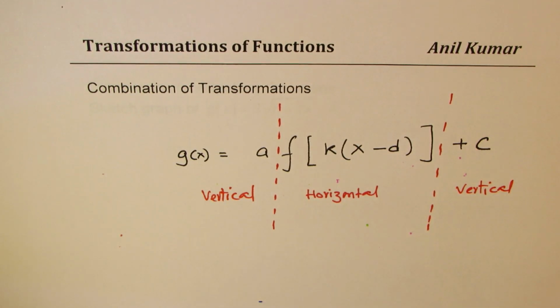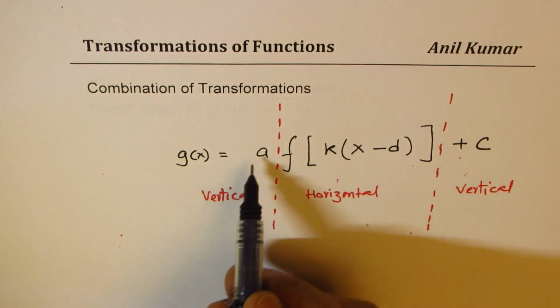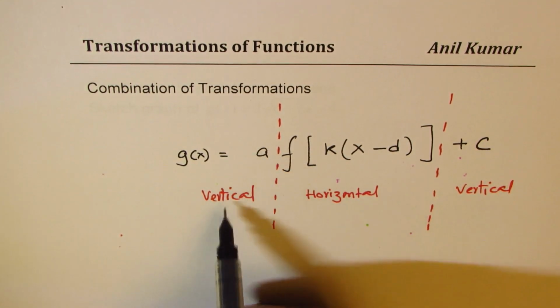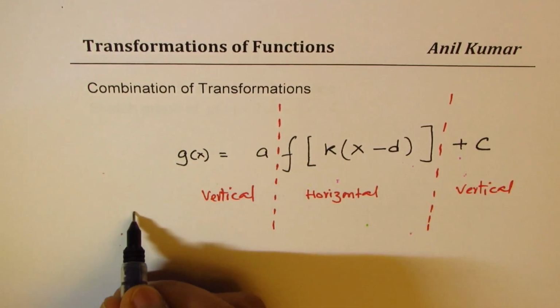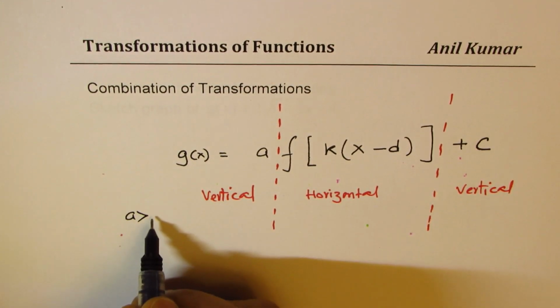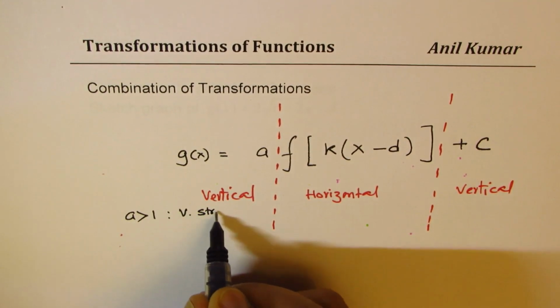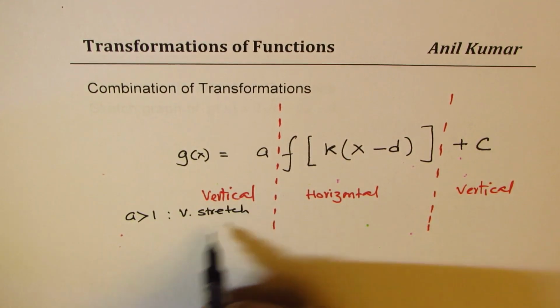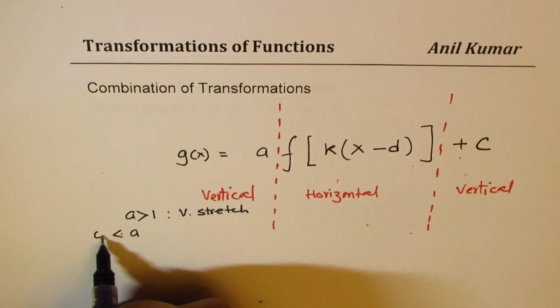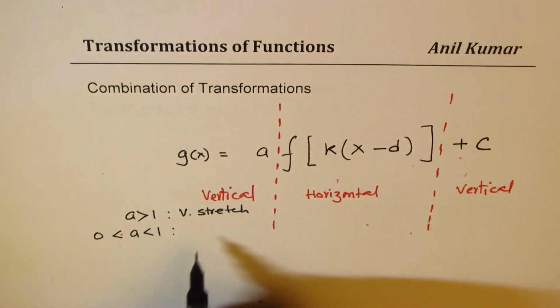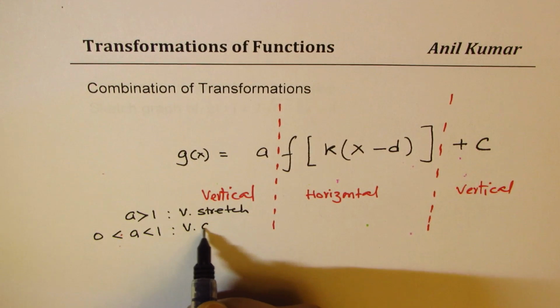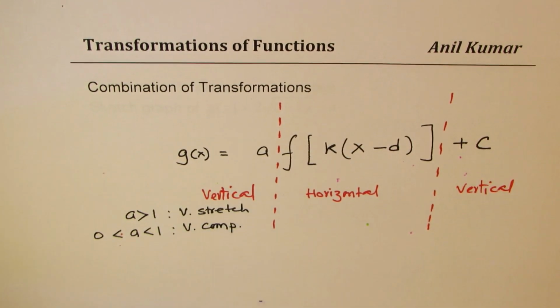Correct? Now, a will give us vertical stretch or compression. If a is greater than 1, it means vertical stretch. If a is greater than 0 but less than 1, then it means vertical compression. Correct?